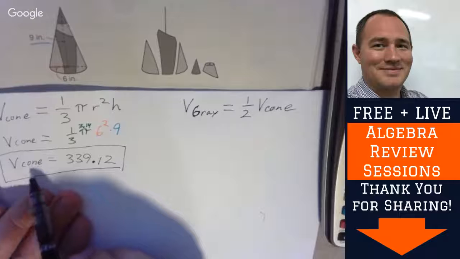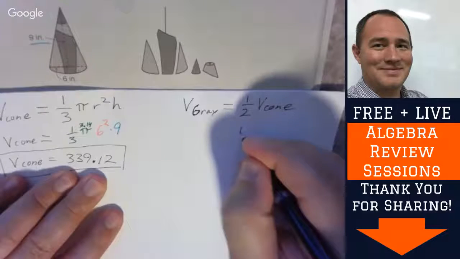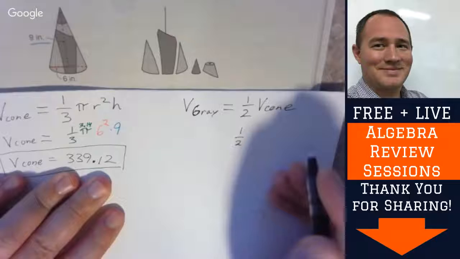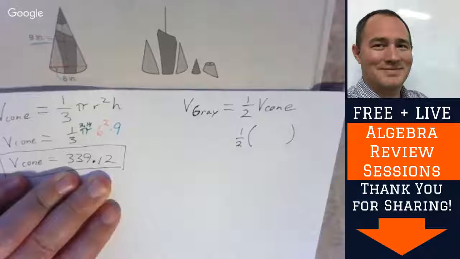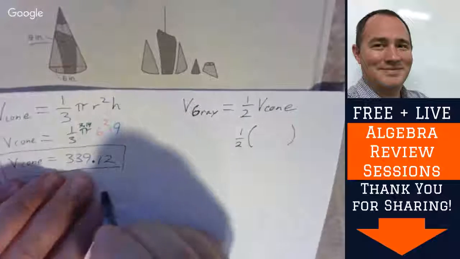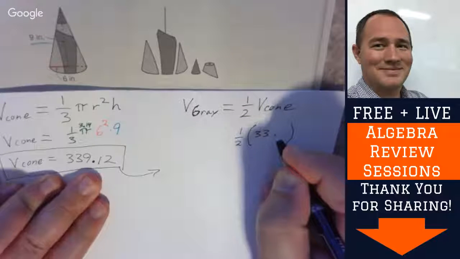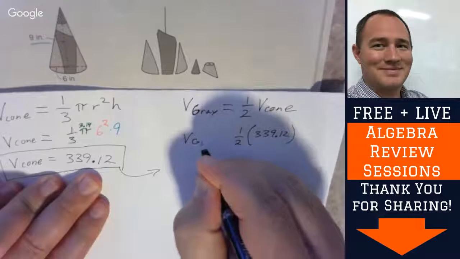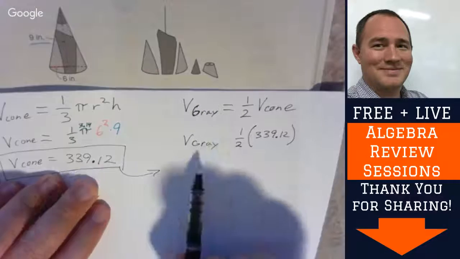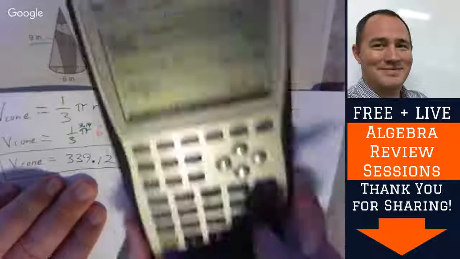Okay, so if the volume of a cone is 339.12, I'm going to substitute in here, and instead of writing the volume of the cone, I'm going to leave a space here to put in this. Okay, so the volume of the gray equals 1/2 of 339.12.